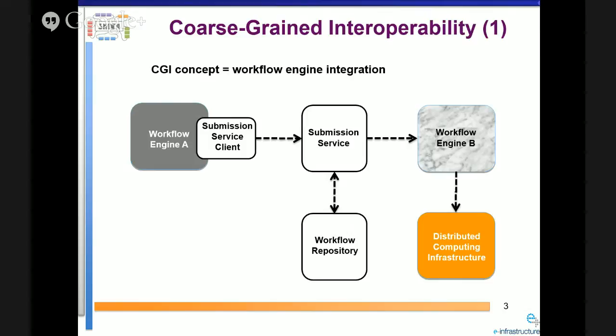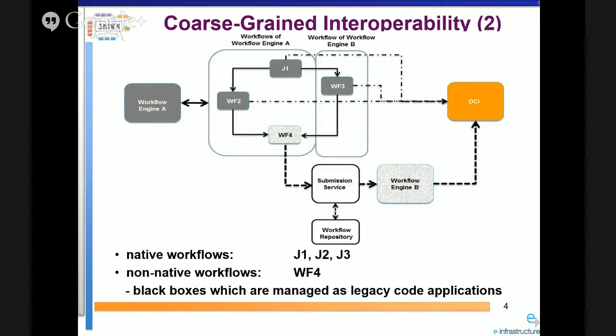Okay, so let's move to a real example. I have a workflow which contains 4 nodes. Job 1, job 2, job 3 belong to the native workflow. There is a simple job and 2 native workflows.